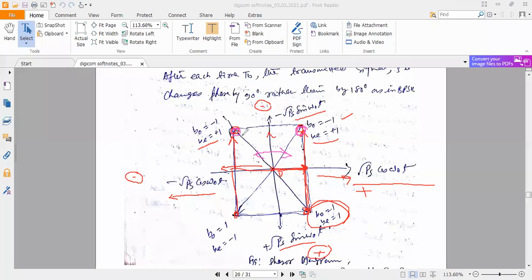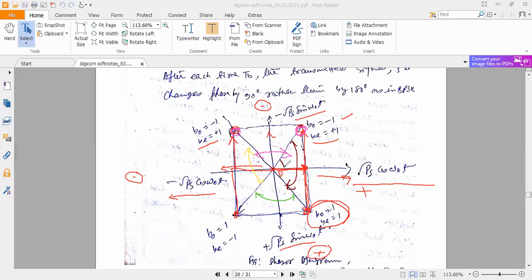Now these to this angle, phasor to phasor, this to this. What should be the angle between any two phasors? It should be 90 degree.